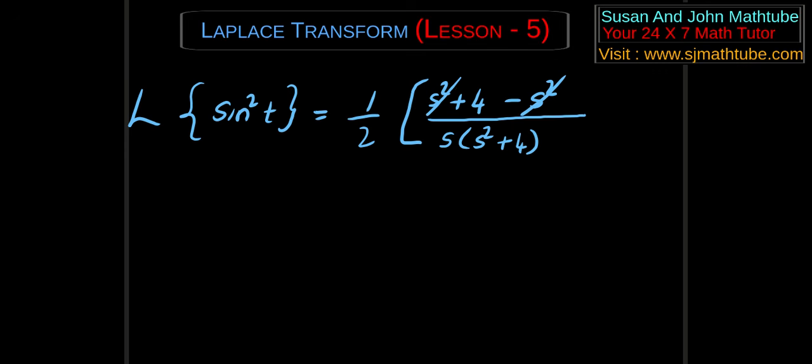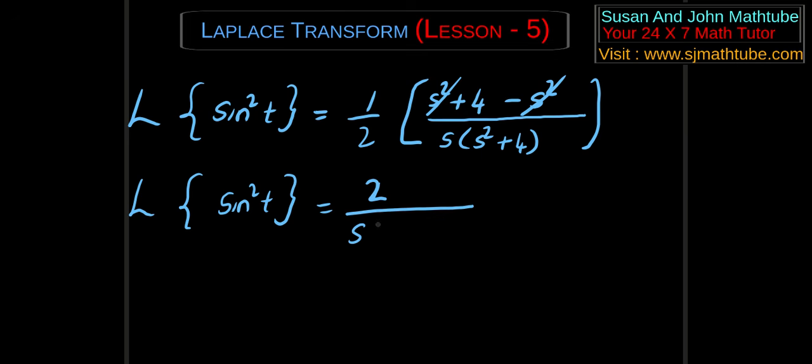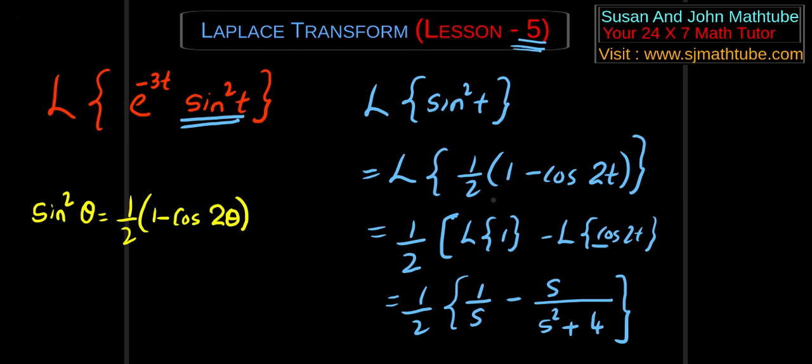So this will get cancelled, and we end up with Laplace of sine square t is equal to 1 by 2, okay, so that will get cancelled. So 2 divided by s into s square plus 4. So right now I didn't teach you anything new. We already learned this in lesson number 3.